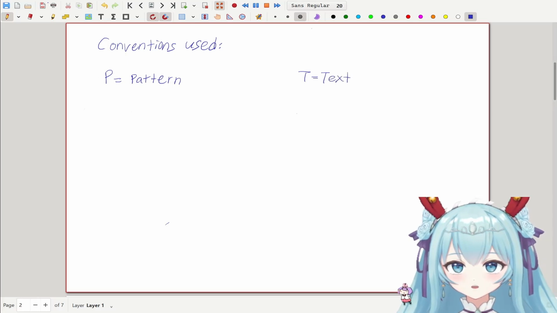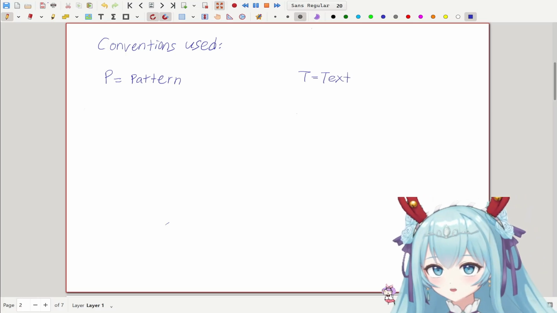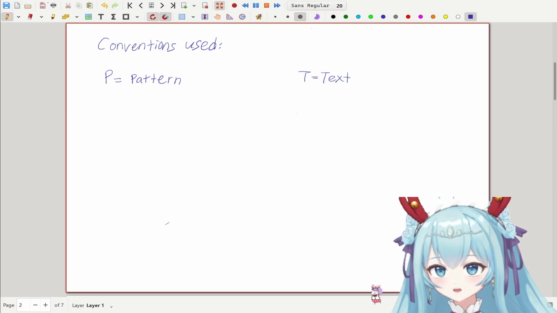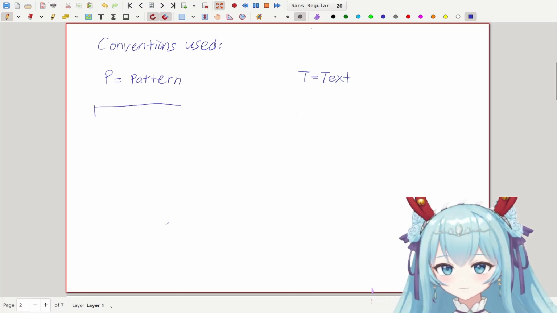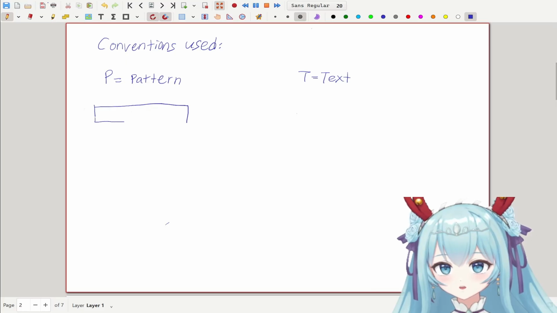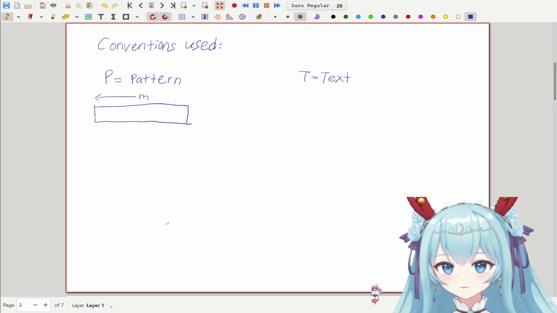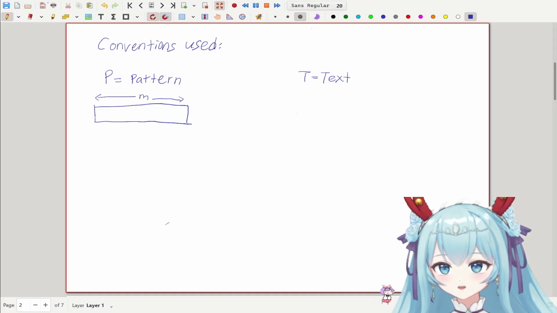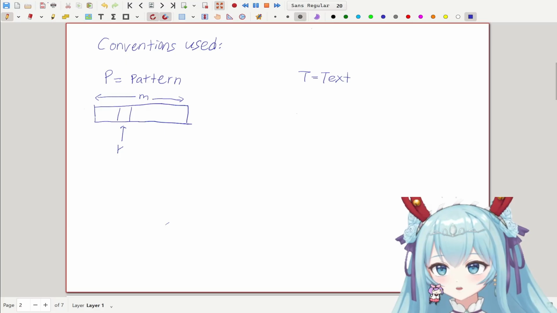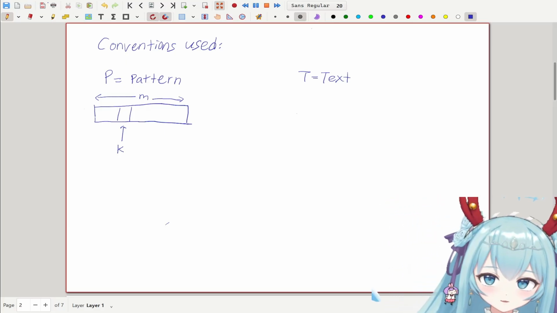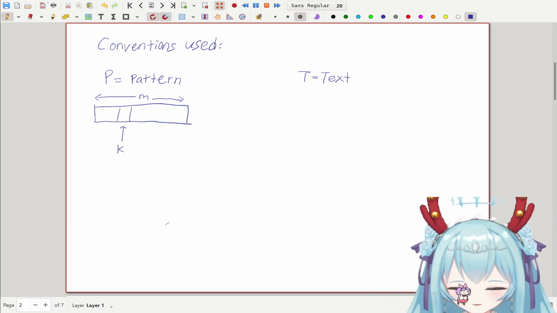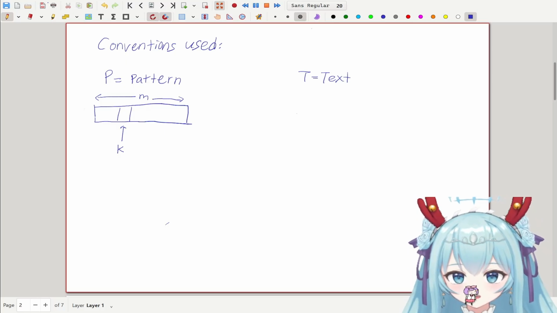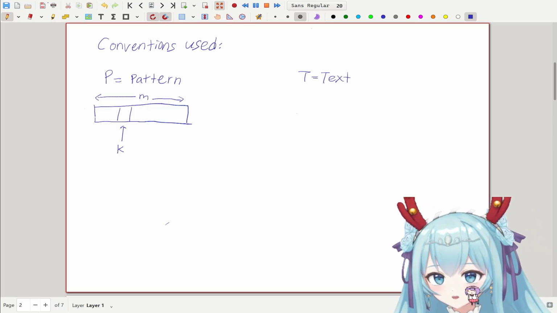So we want to find P within T. And let's say we have P as a character array that is of length M. And we'll have a variable called K, which is the current index of the character that we are at within P.